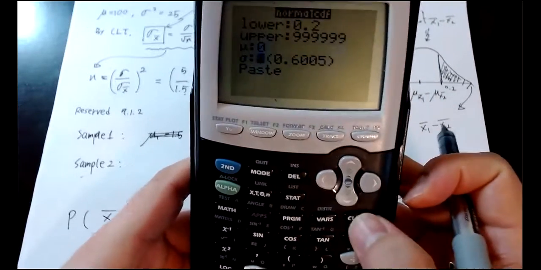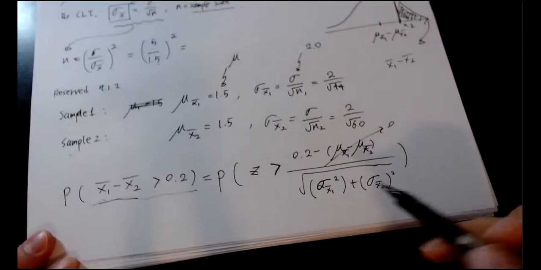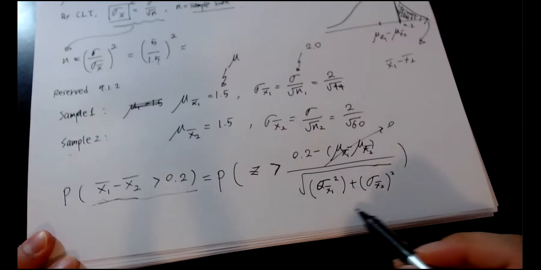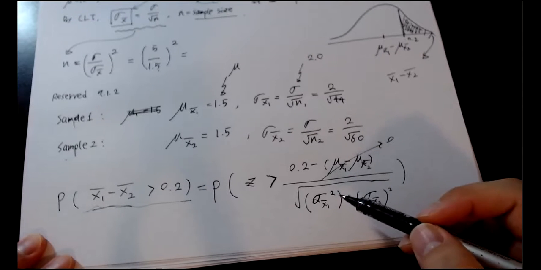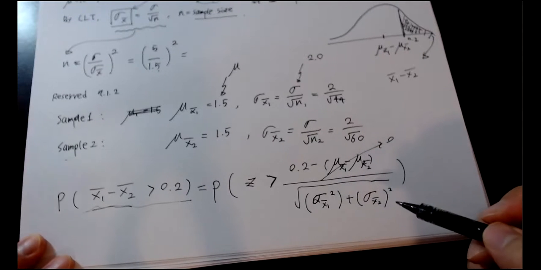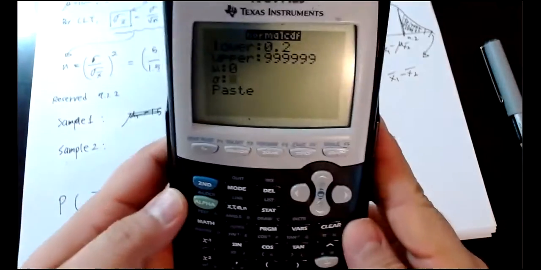The sigma, the standard deviation, in this case is this: square root of sigma1 squared over n1 plus sigma2 squared over n2. Okay, so let me use the calculator.